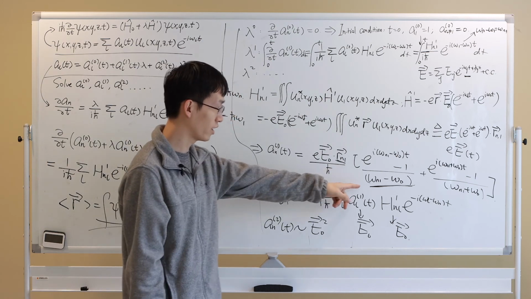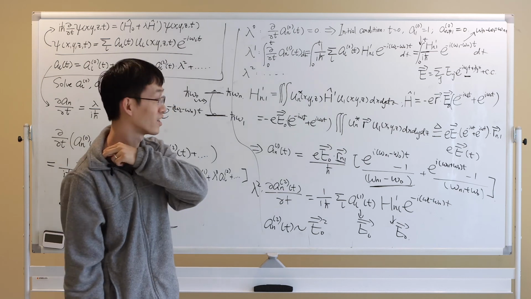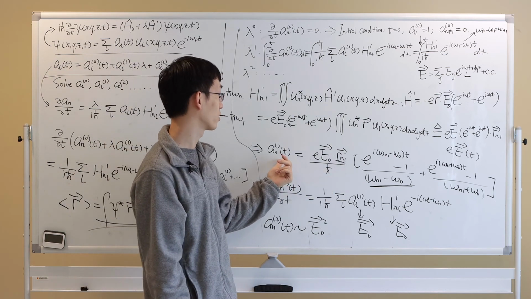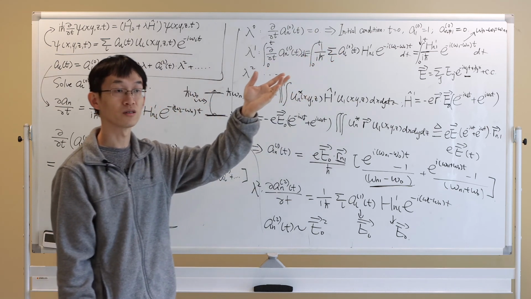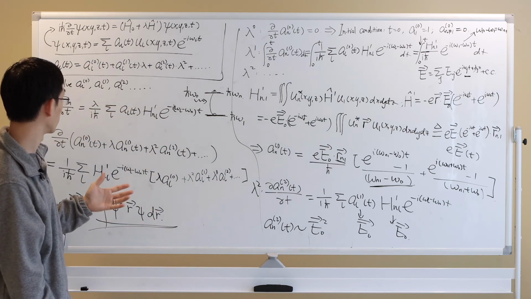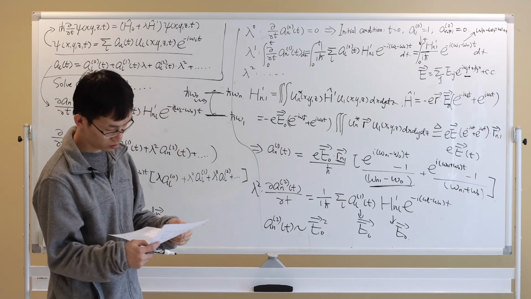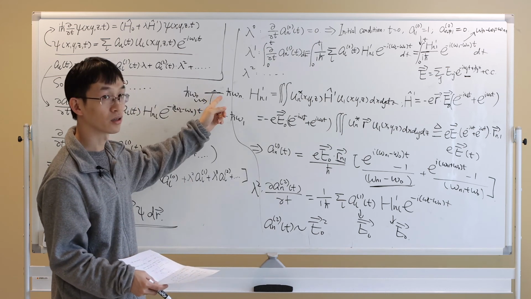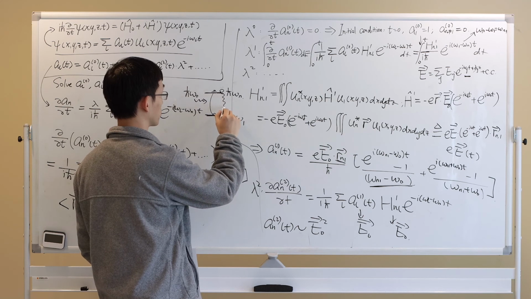There's one obvious problem: if it's really on resonance, then this whole equation becomes nonsense, because AN would become infinite, and you can't really say this is a perturbation theory anymore. It also doesn't satisfy the normalization condition for A. So something is missing in this calculation, and that is spontaneous emission.